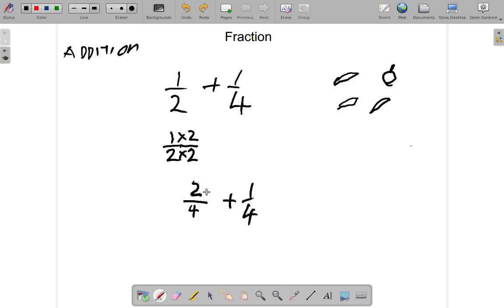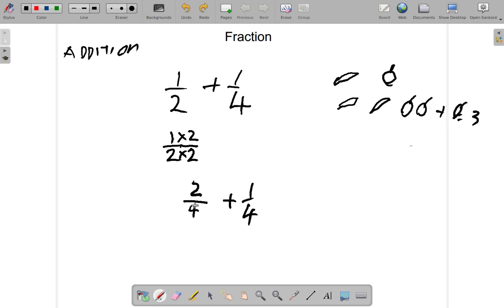Alright? So here I have a number of quarters plus another number of quarters. So I shouldn't have a problem now. 2 of anything plus 1 more of that thing gives you 3 of them. Just like how, let's call this oranges, 2 oranges plus 1 orange equal to 3 oranges.